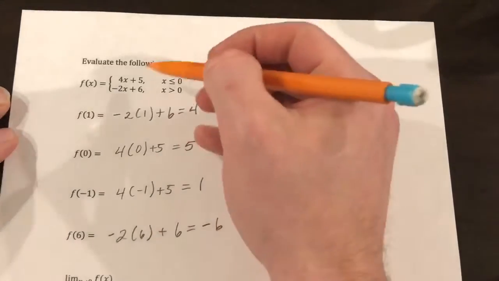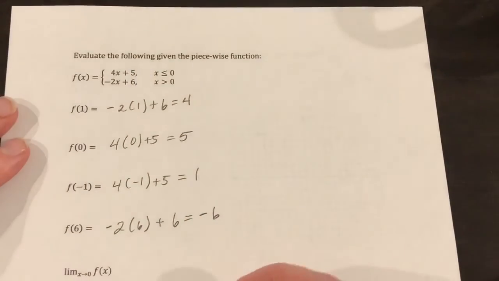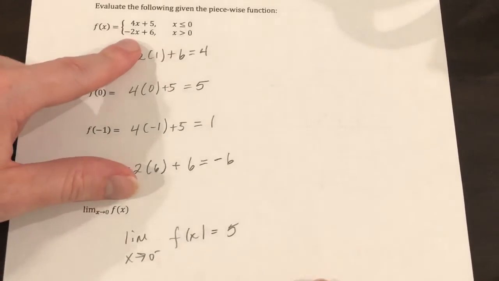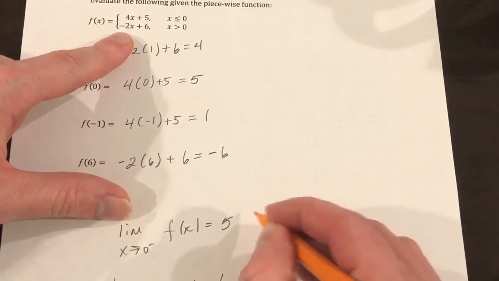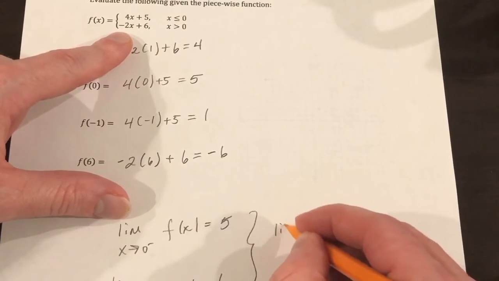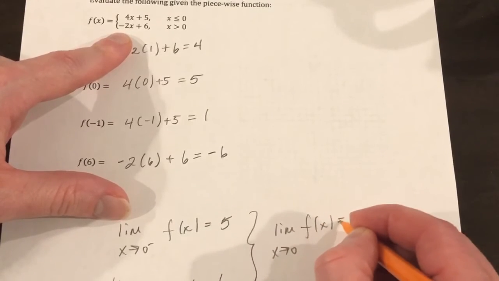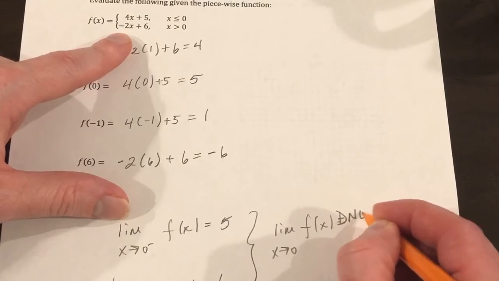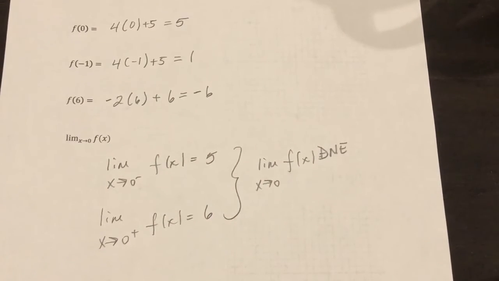So if I plug in a 0 into the less than branch, you should get 5. If I plug it into the right-hand branch, which is always the greater than branch, I get 6. So that means that the limit as x approaches 0 of f of x does not exist. If the left-hand limit does not equal the right-hand limit, then the limit does not exist.